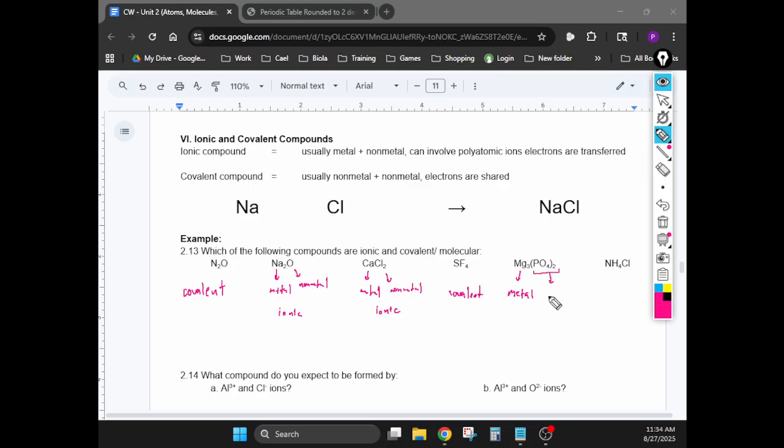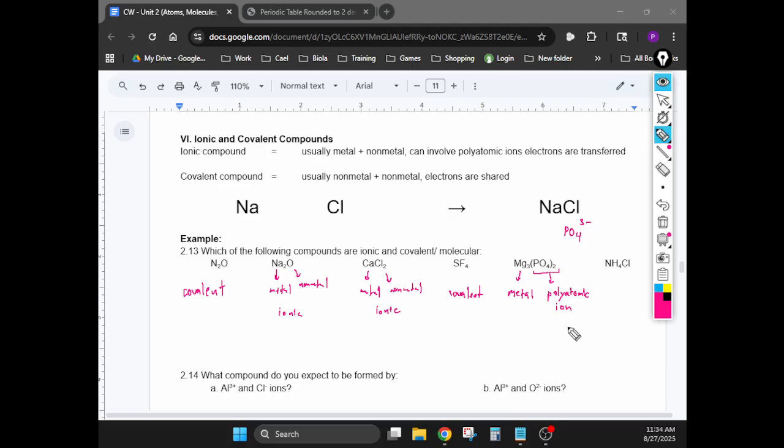This is actually something called a polyatomic ion. Okay, so polyatomic ion. You might want to write this down on your paper somewhere. A polyatomic ion is basically a group of elements that still have a plus or minus charge. Okay, so PO4, even though it's made out of P and 4 oxygens, they like to have a -3 charge when they combine together.